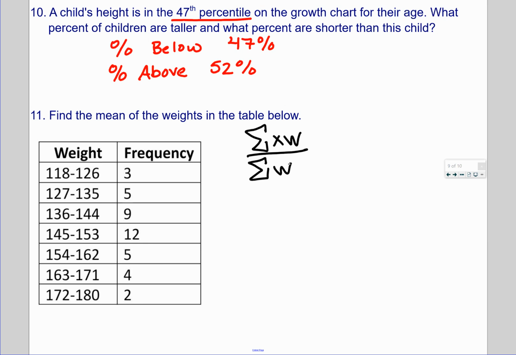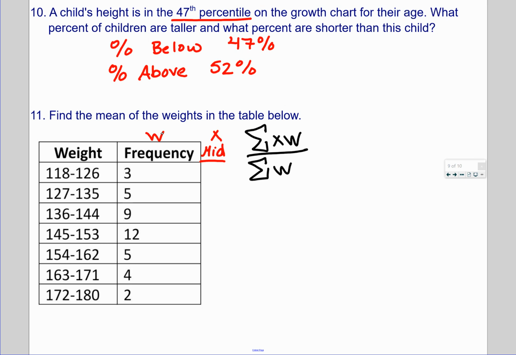Here we have a little bit of a problem because we don't know exactly what the weights are. We just have classes. So what we're going to do is use the midpoints of those classes as our x values, and you can think of the frequency as the weights.